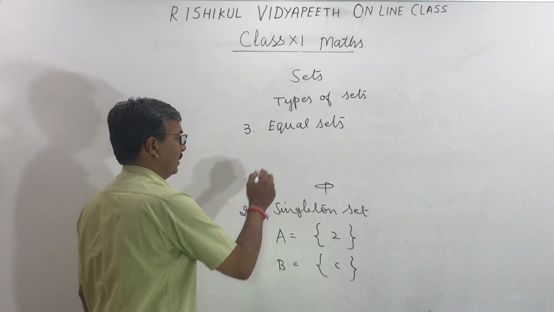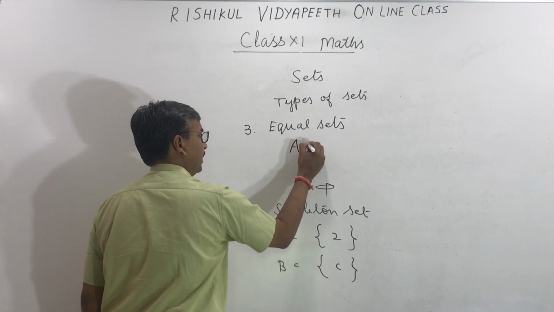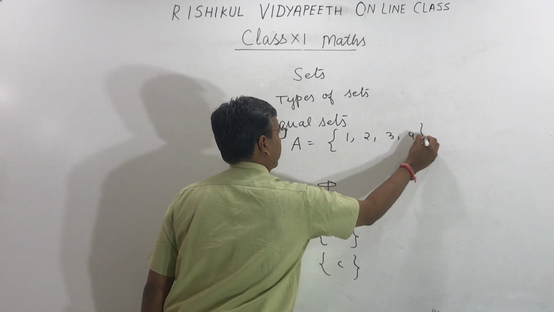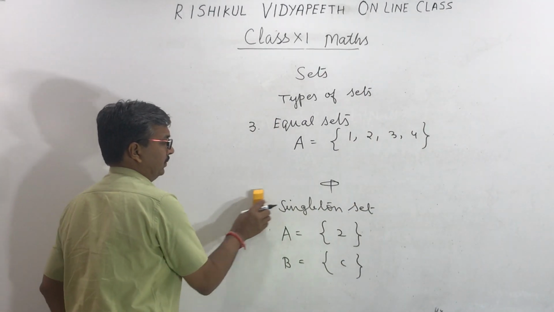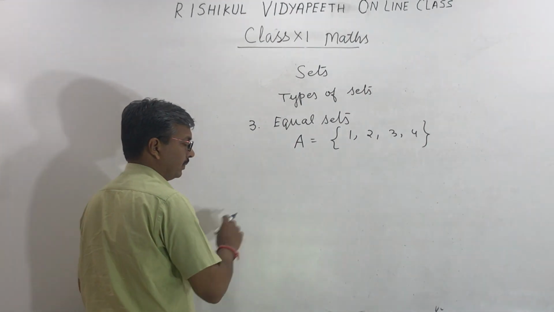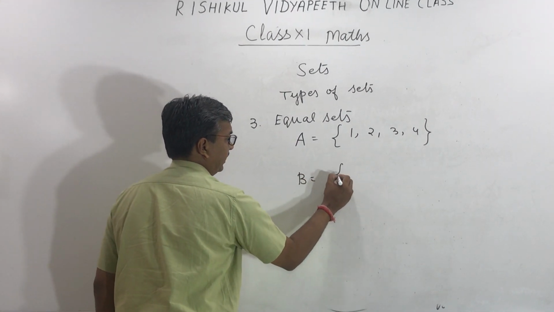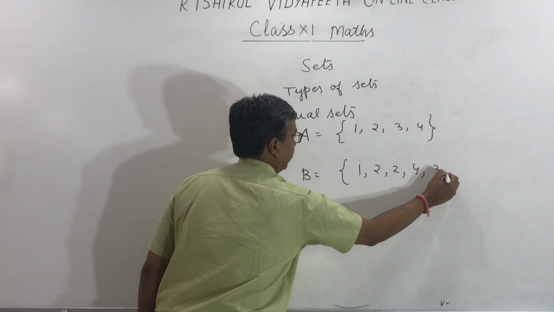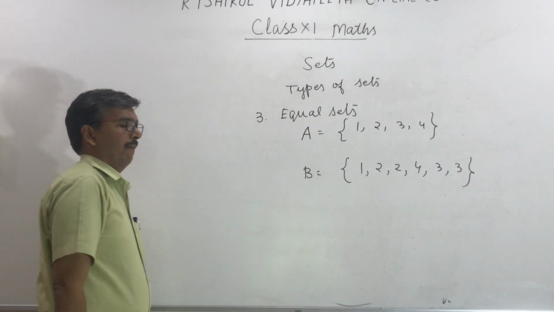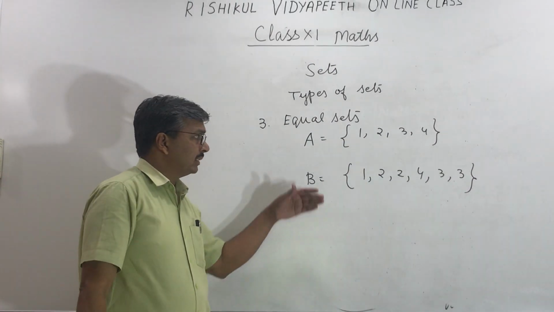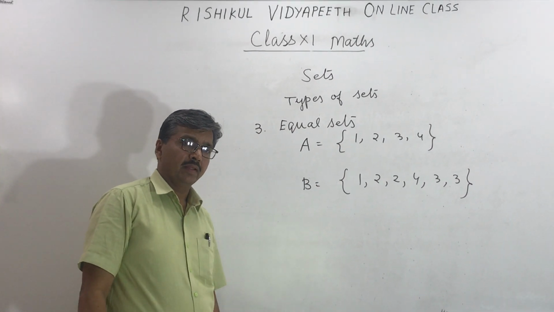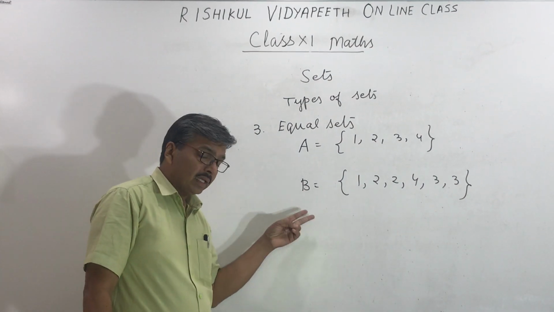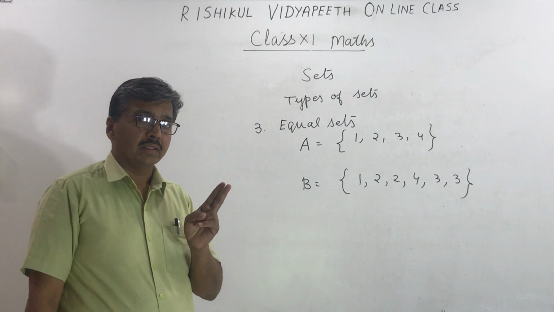For example, let we have two sets, A is 1, 2, 3, 4. Another set is B, 1, 2, 2, 4, 3, 3. Are these sets equal? We will see whether both the sets contain the same elements.